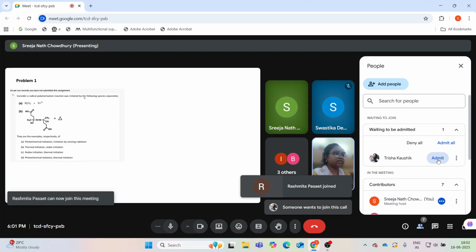The options are thermal initiation, photochemical initiation, initiation by ionizing radiation. So what option is correct?